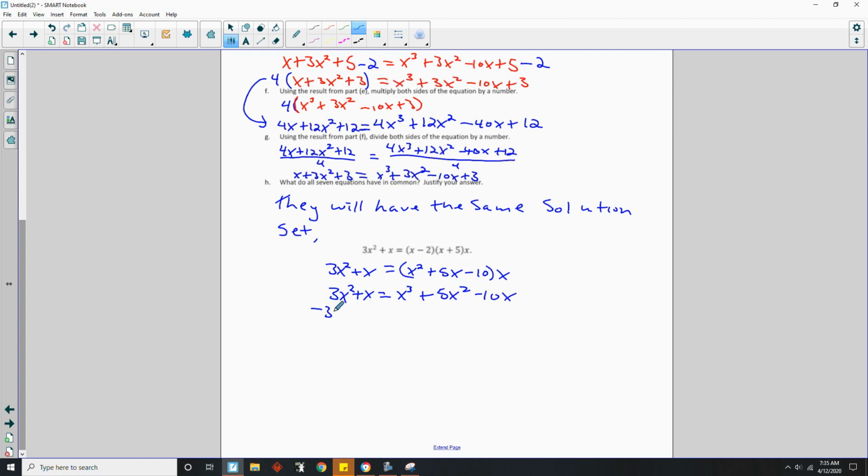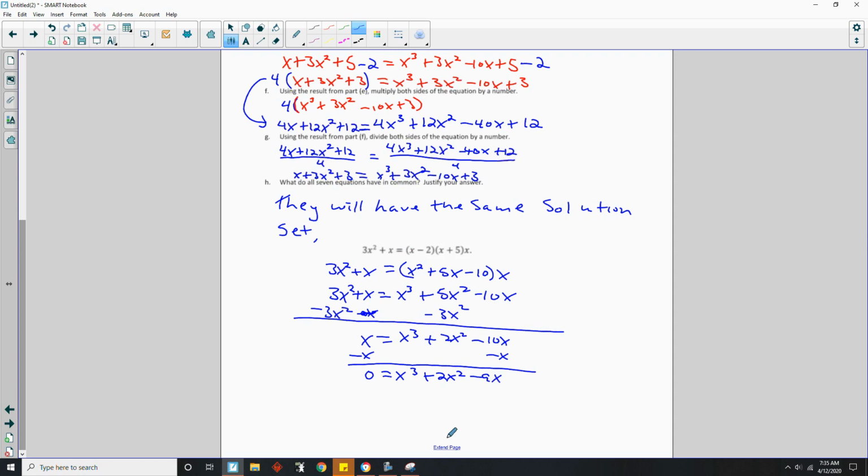I'm going to subtract 3x squared from both sides. Okay, and I'm going to get x equals x cubed plus 2x squared minus 10x. I'm then going to subtract x from both sides. And that will give me 0 equals x cubed plus 2x squared minus 9x.